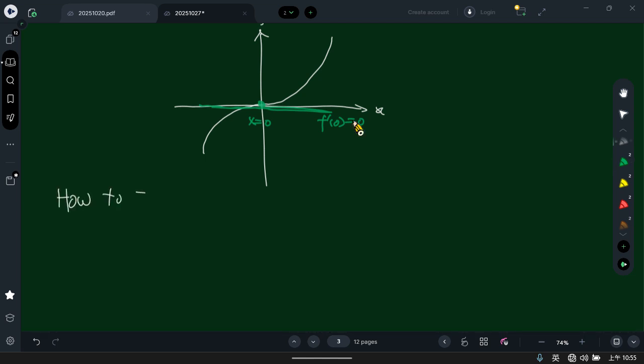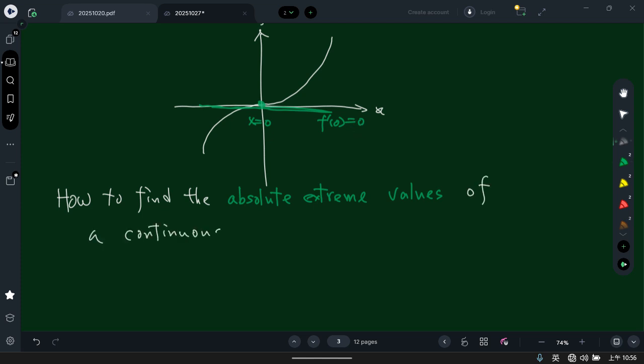How to find the absolute extreme values of a continuous function f of x on a finite closed interval. How can you do that?